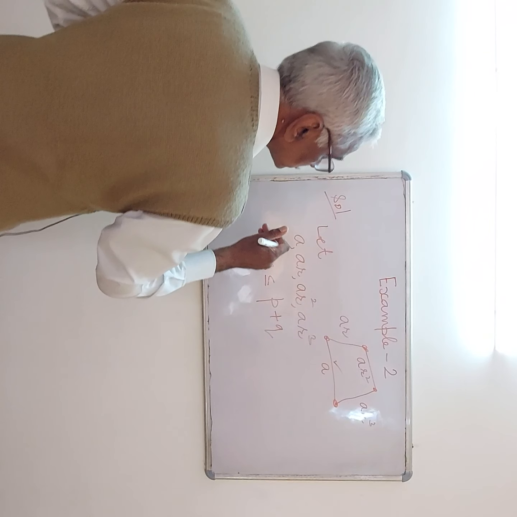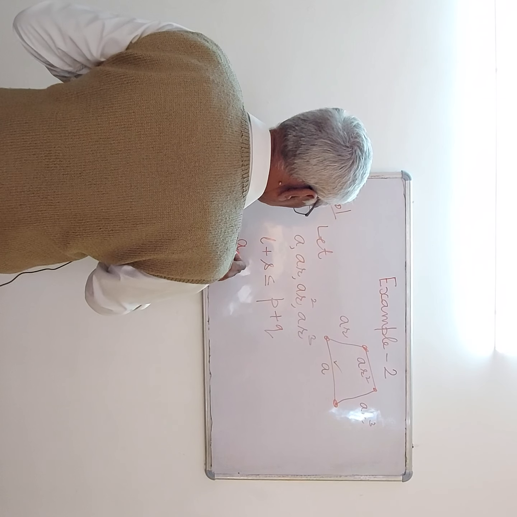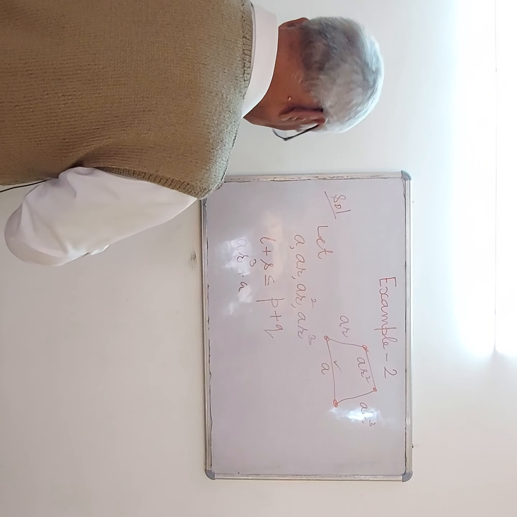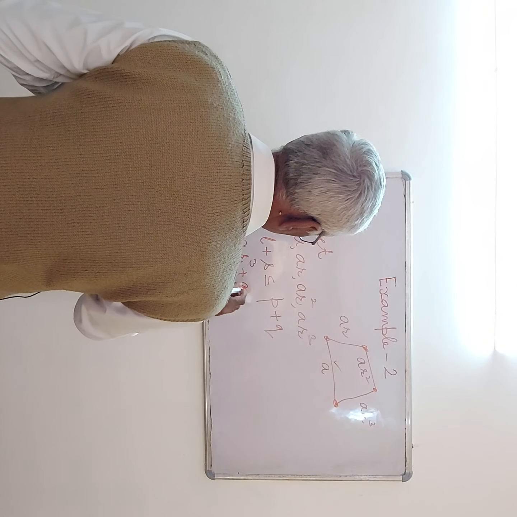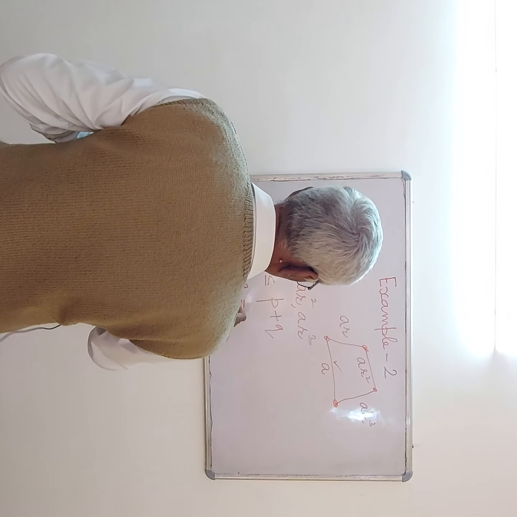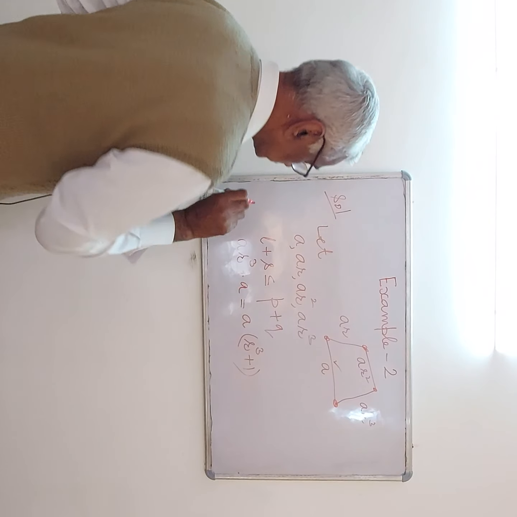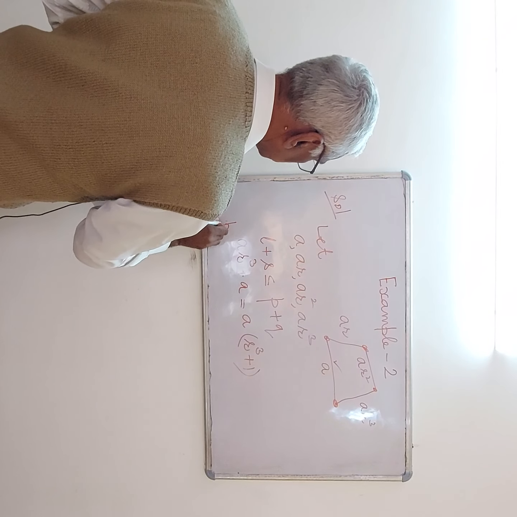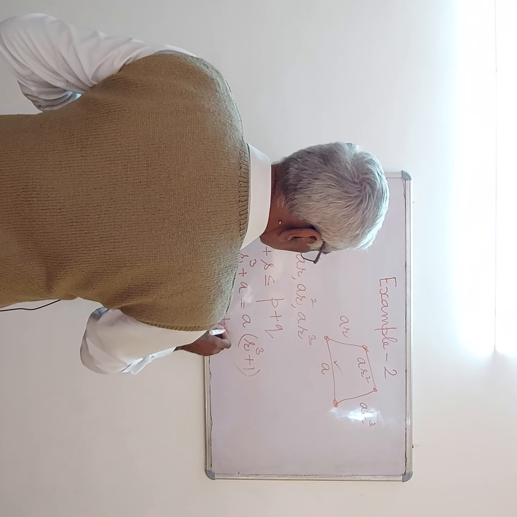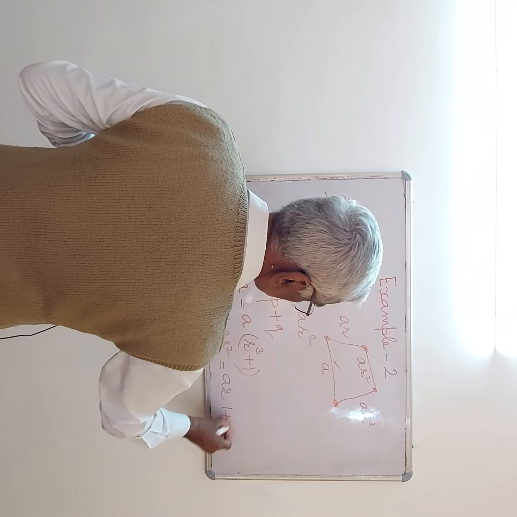So in either case, L plus S is AR cube plus A, which can be written as A times (R cube plus 1). In either case, P plus Q will be AR plus AR square, which is AR times (1 plus R).